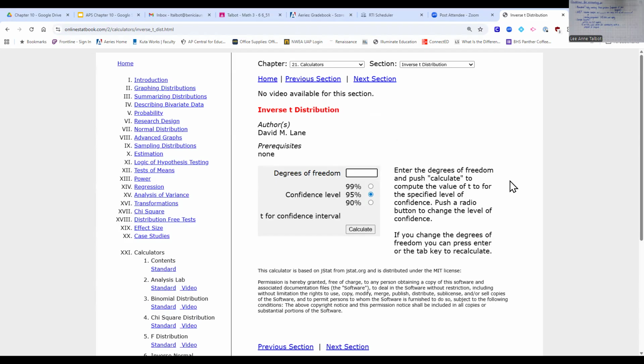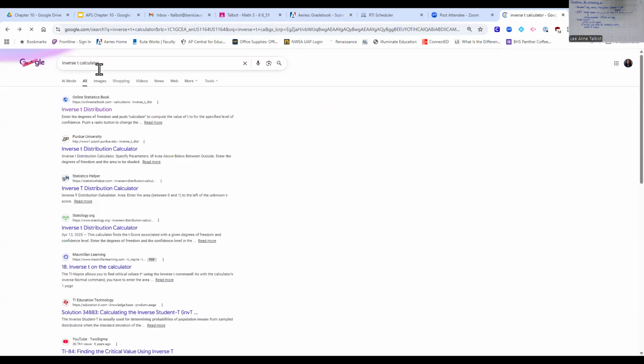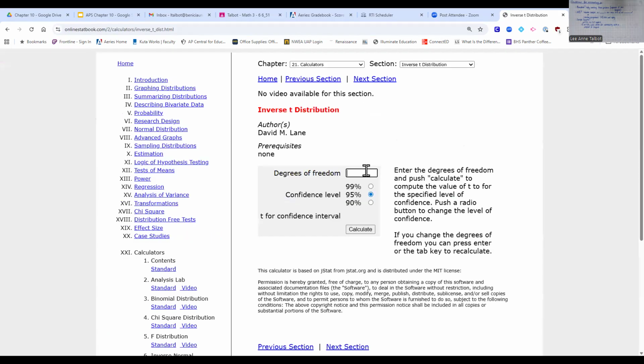It looks like, guys, I Googled, if you could look at the screen for a second. I Googled inverse T calculator and a bunch of stuff comes up for your homework. There's a bunch of them. This one, you just put the degrees of freedom in, click the confidence level.